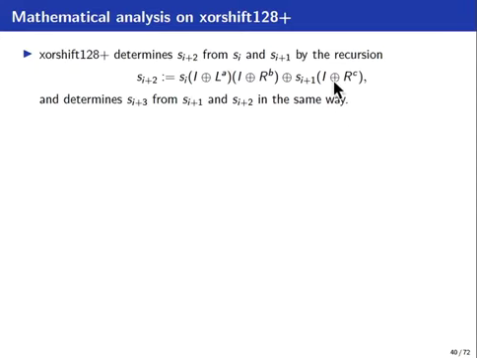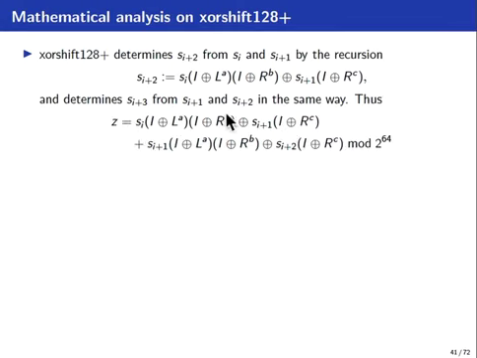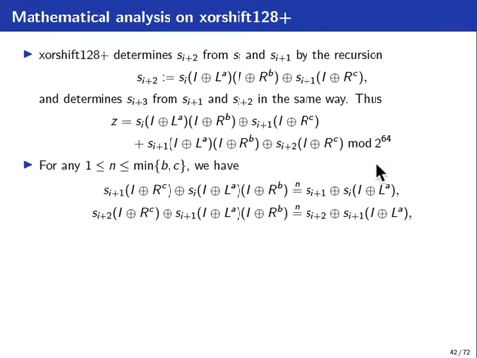Recall this recursion, and z is the sum of s_{i+2} and s_{i+3}. Here, this line is s_{i+2} and the next line is s_{i+3}. As we have seen, the most significant n bits of these satisfy a simpler recursion.